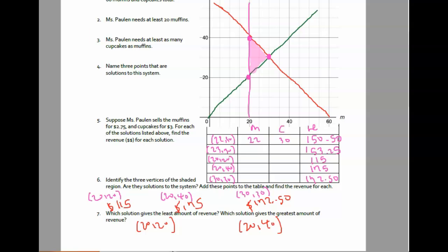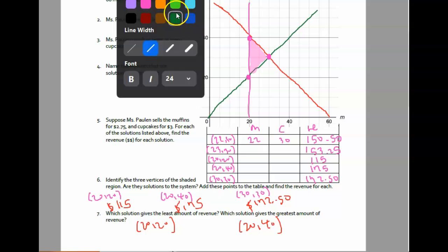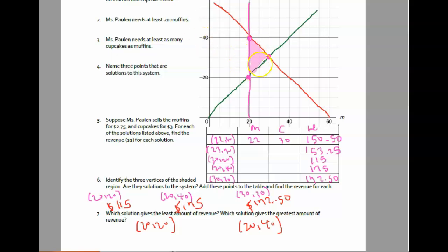So today's lesson is about linear optimization, as I kind of talked about at the end of the last lesson. What that tells you is this. After you draw all your graphs satisfying the systems of inequalities and find the shaded region, your vertices, in this case it was this one, that one, is going to give you the least amount of profit or revenue.